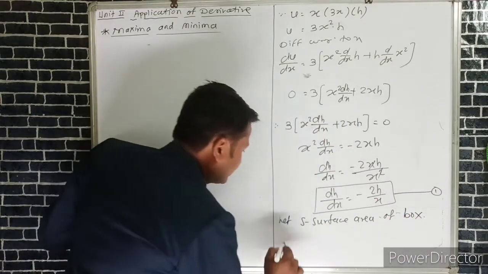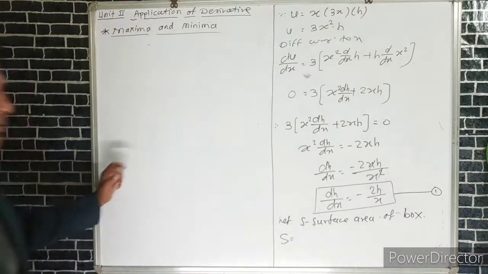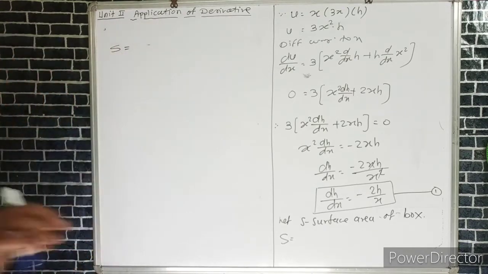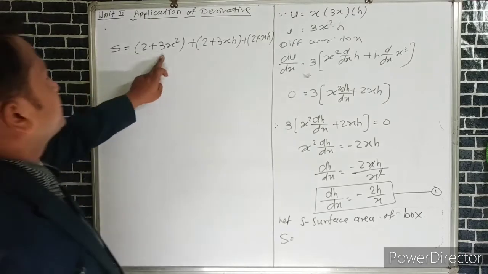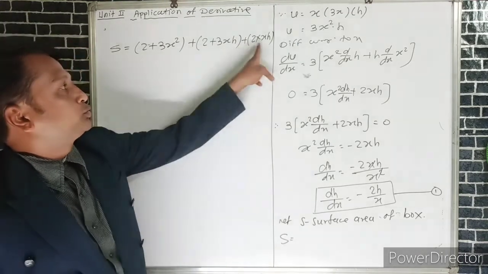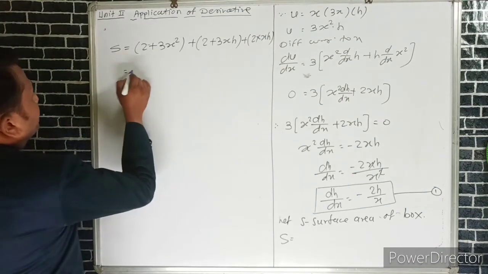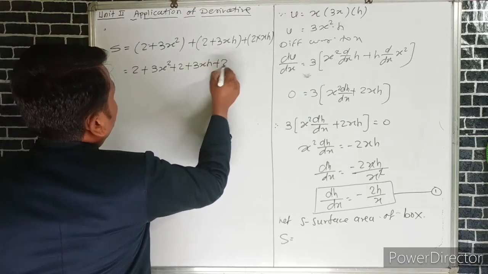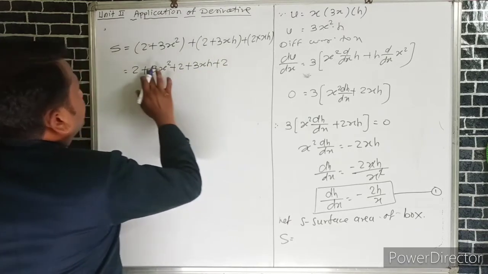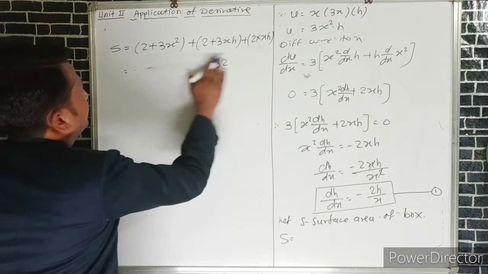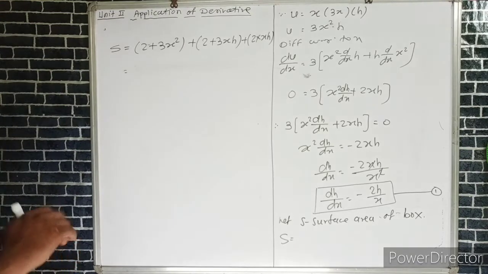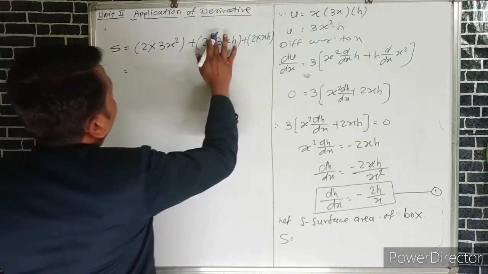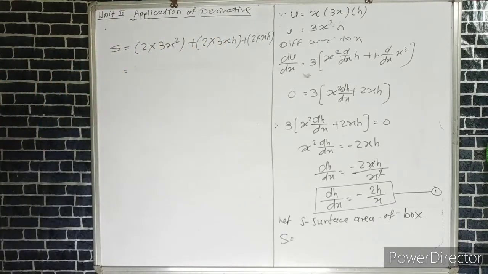Then S equals 2 into 3x² plus 2 into 3xh plus 2 into xh.